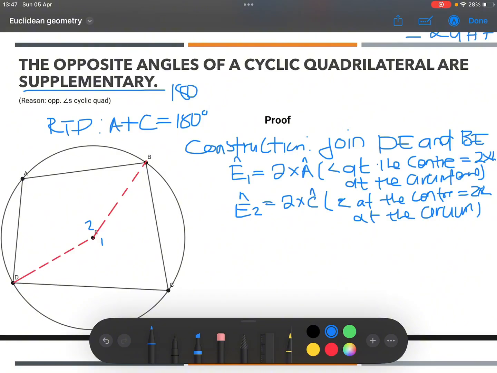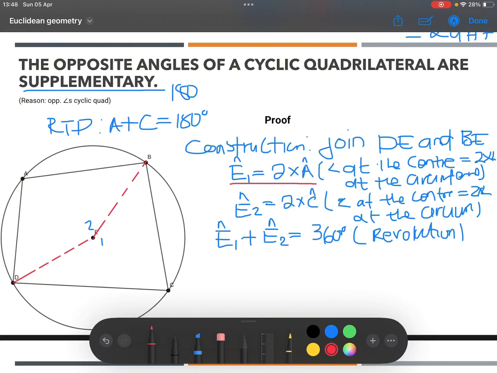Right? Now, if we add angle E1 plus angle E2, that will give us 360, the reason being it's a revolution, or you can use angles around a point. Angles around a point give us 360.